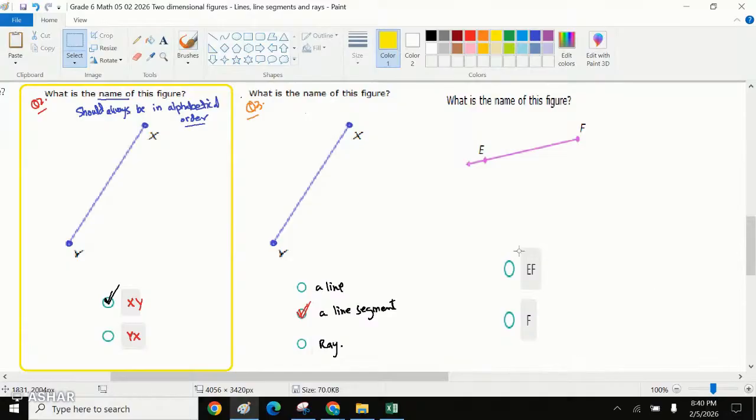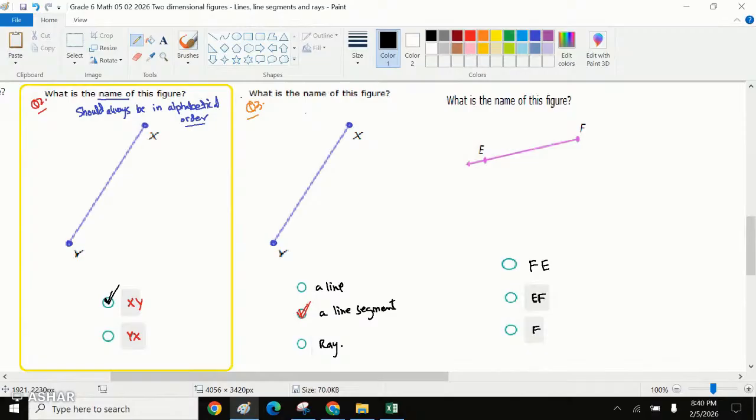Let's say this was EF, and if there is another option, this was FE, let's suppose. So we have 3 options as the answer, and this is only F.